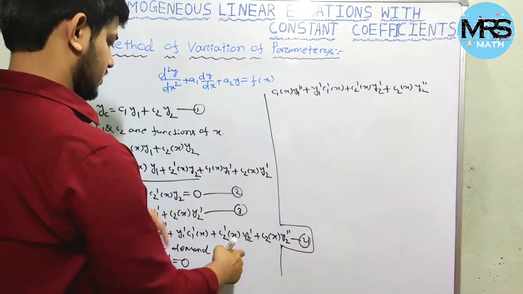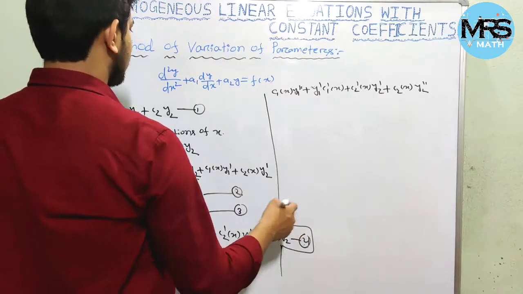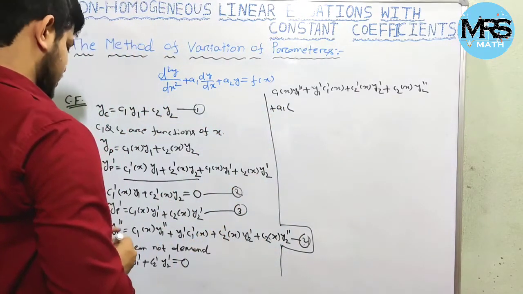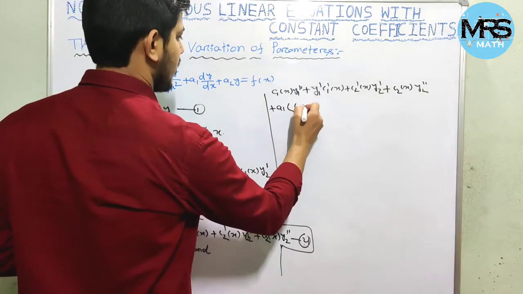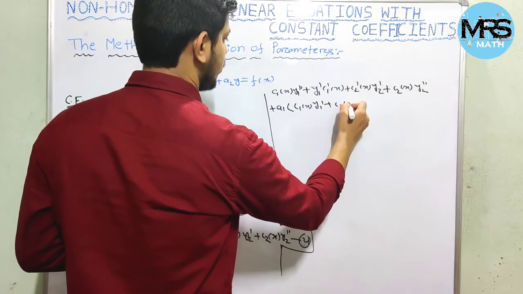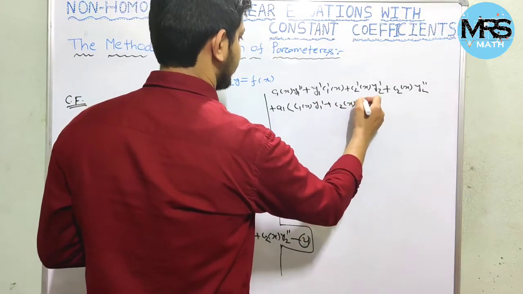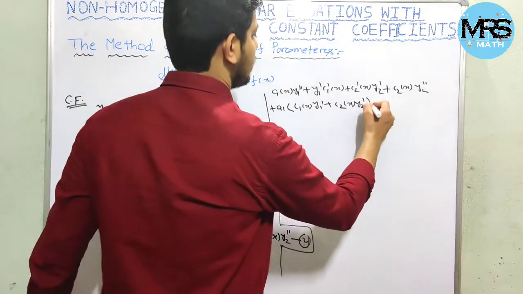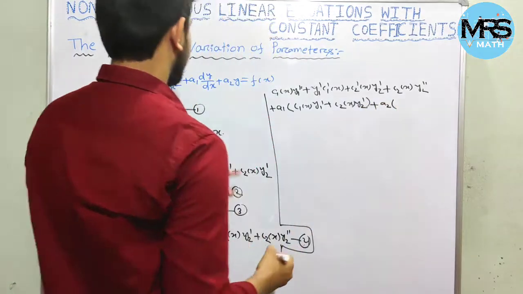Okay, this one, correct? Now plus a1 into y dash, that is c1 of x y1 dash plus c2 of x y2 dash, correct?